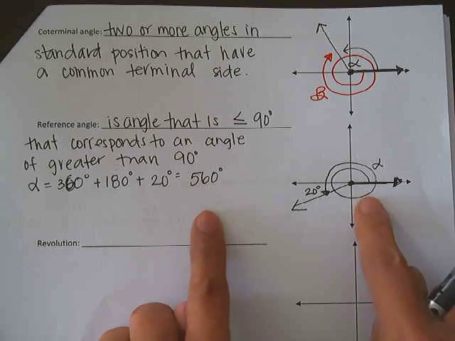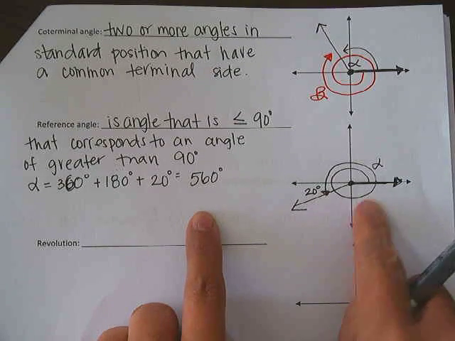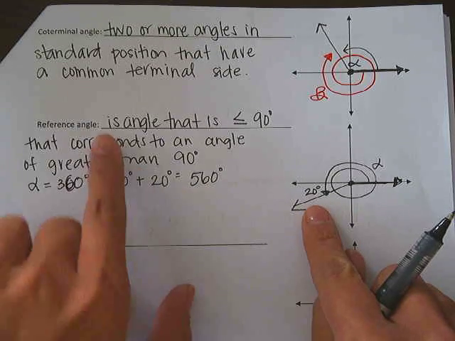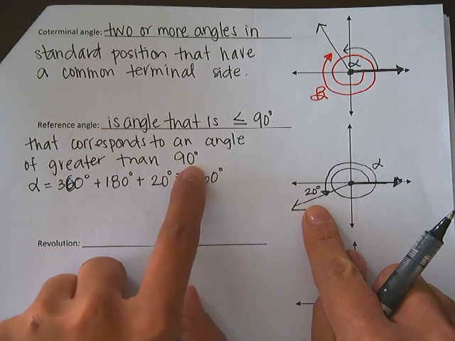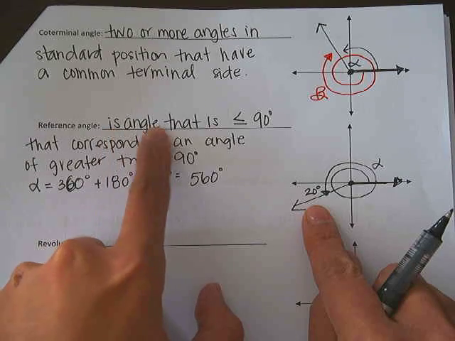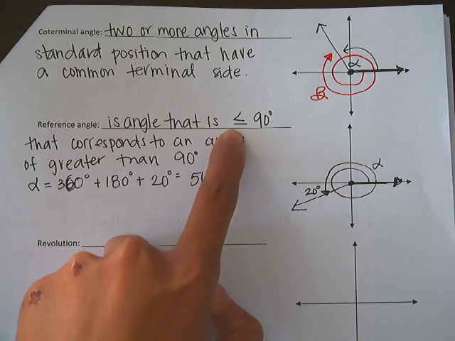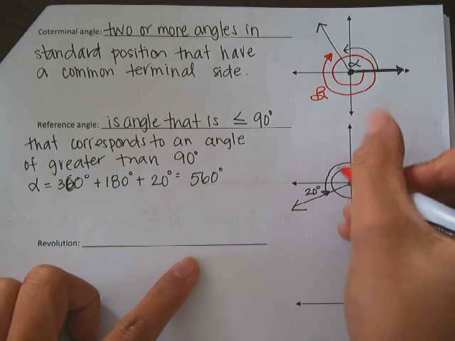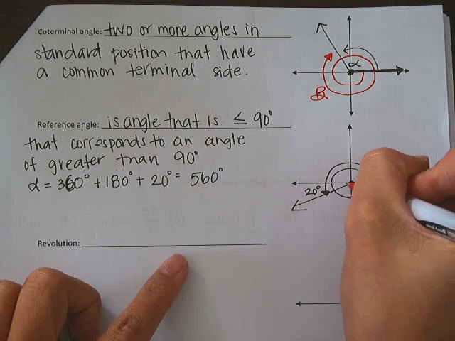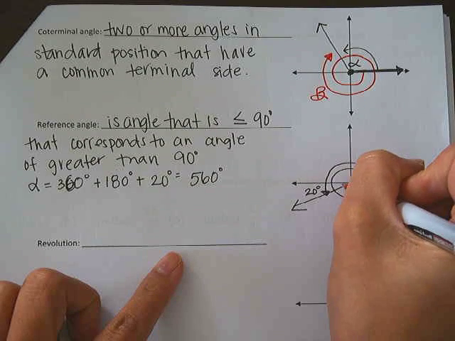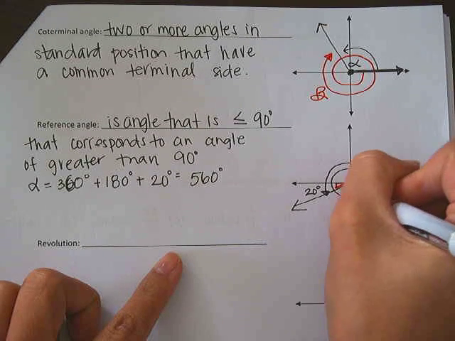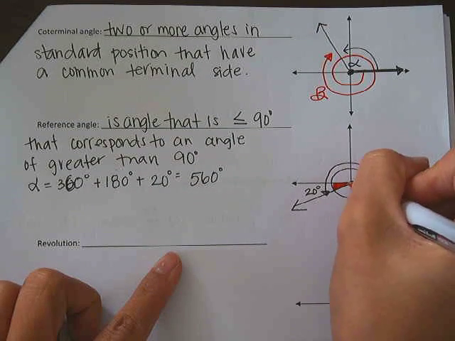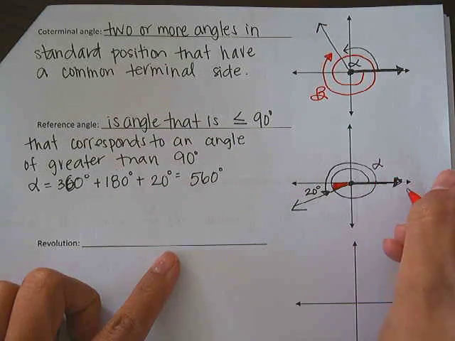So that's the black angle that I have drawn here. 560 is definitely greater than 90 degrees. But a reference angle is the angle that is less than or equal to 90 that corresponds to an angle greater than that. So a reference angle is really just this piece right here. This angle always forms on the x-axis. It doesn't have to be positive.